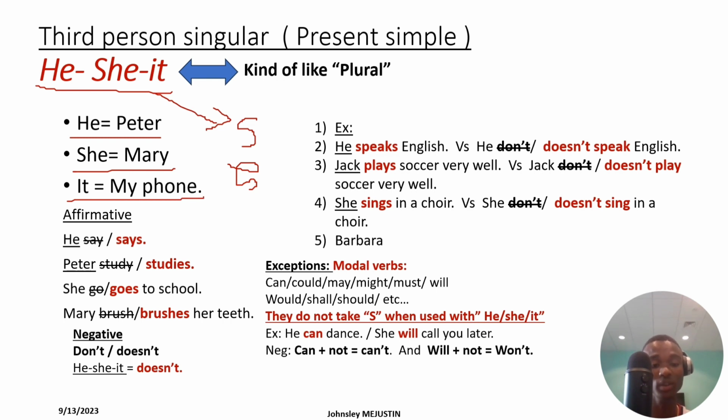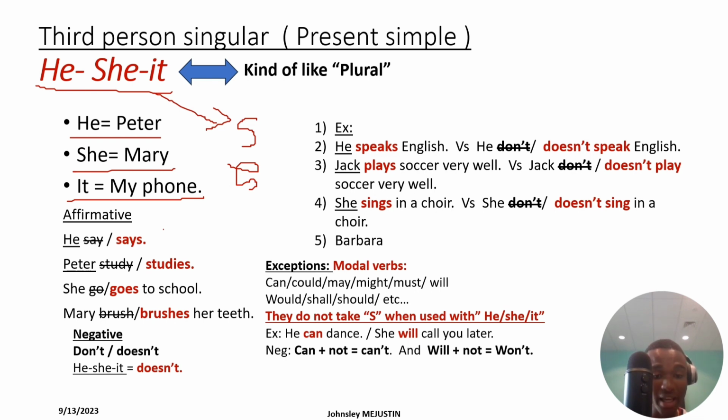For example, in an affirmative sentence, a positive sentence, we would say he says. Not he say, because we have he. Third person singular. The verb should be kind of like plural. You say he says. Peter studies. You see what I do?